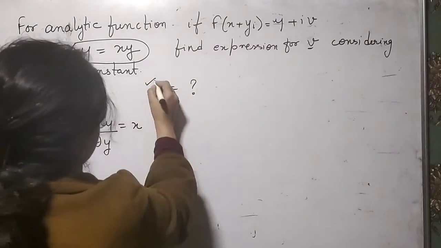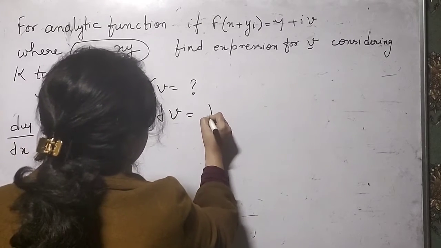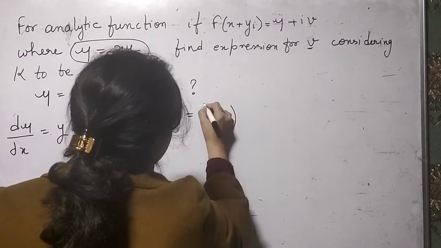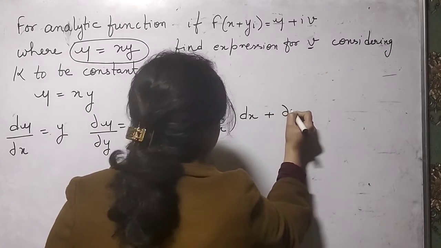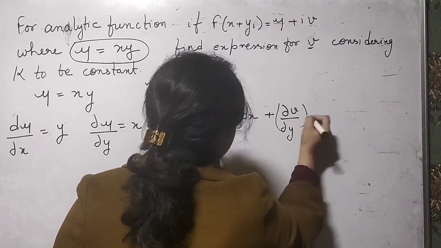Now in order to find the value of v, we can write delta v over delta x into dx plus delta v over delta y into dy.